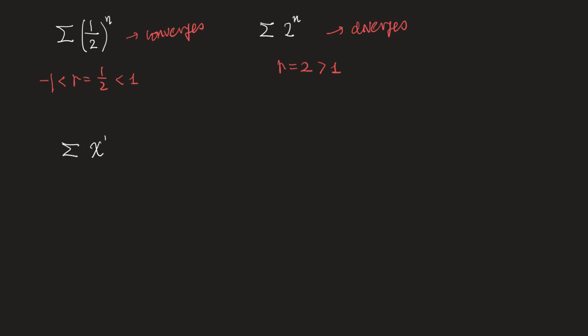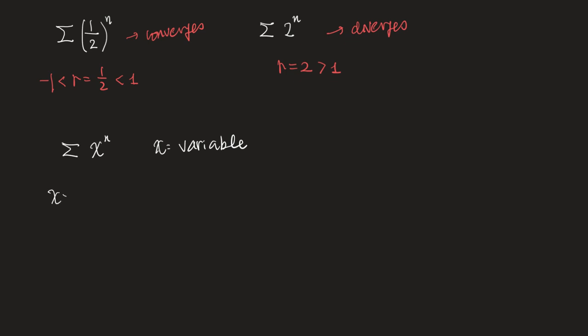Summation x^n. x is an unknown variable, a variable we don't know. Depending on the x value, this series might converge or might diverge.